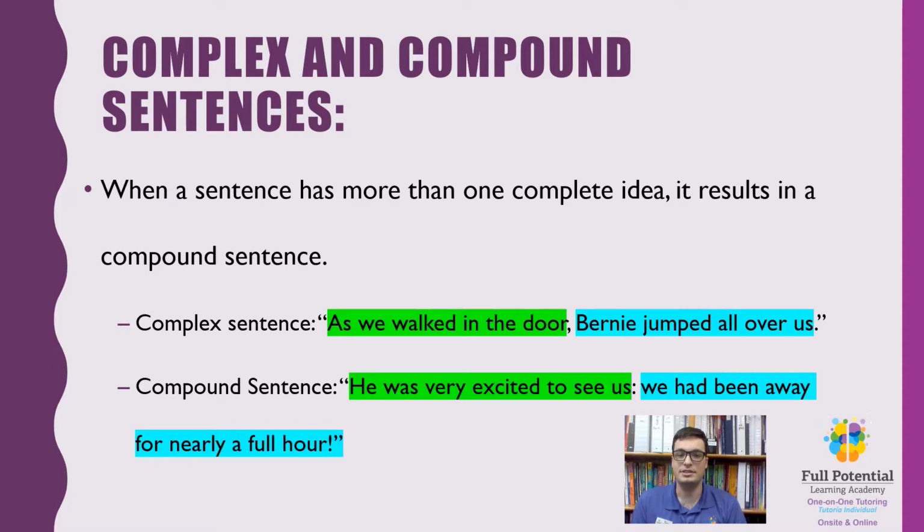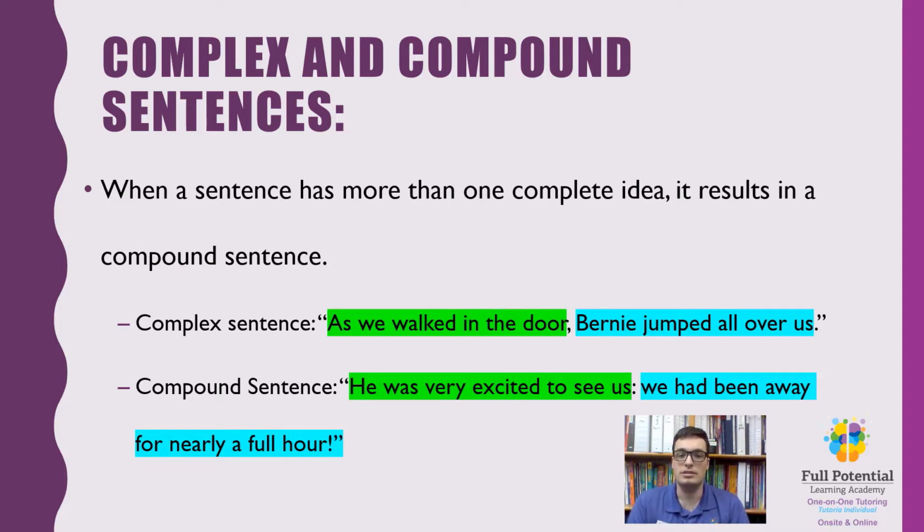Complex and compound sentences. When two ideas that are related to each other, or two ideas in general, are combined into one sentence, you have a coordinating ideas sentence, such as compound or complex sentences. The two types are different in the way they convey ideas together.